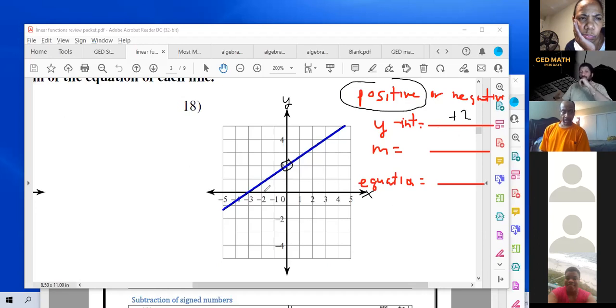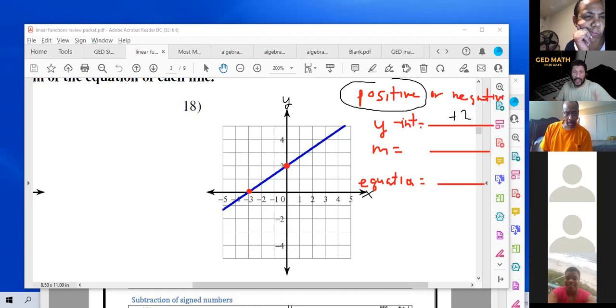How can we find the slope? We need 2 points. We already have 1 point, the y-intercept, so we're going to use that point. What other point can we use? Can somebody give me the ordered pair for that point? -3, 0.